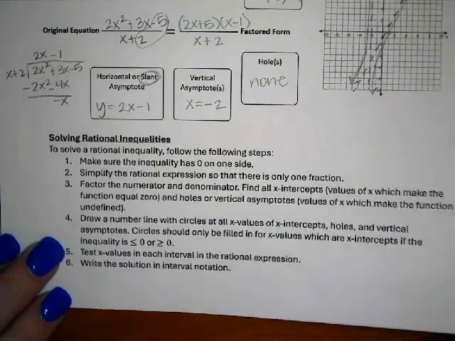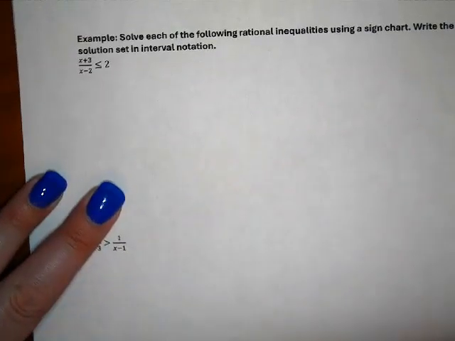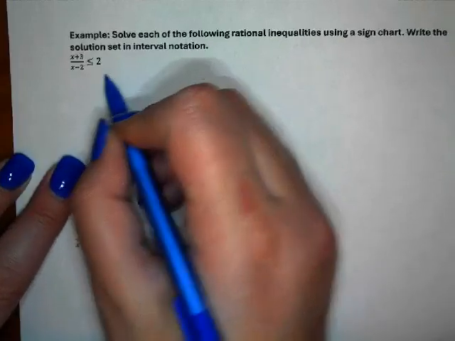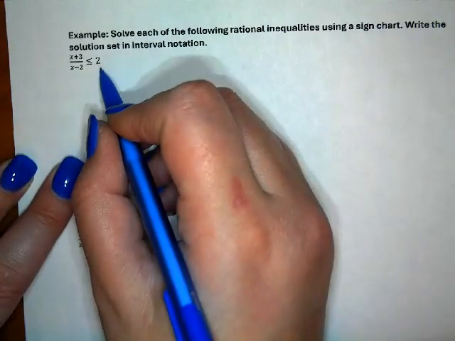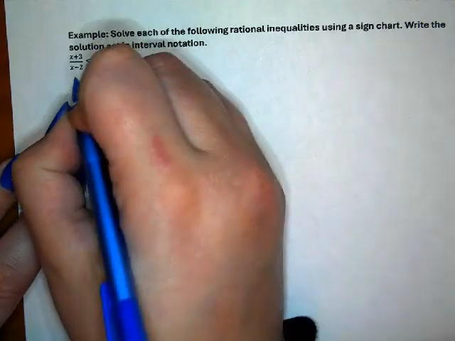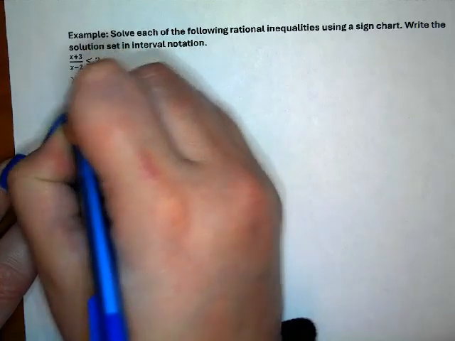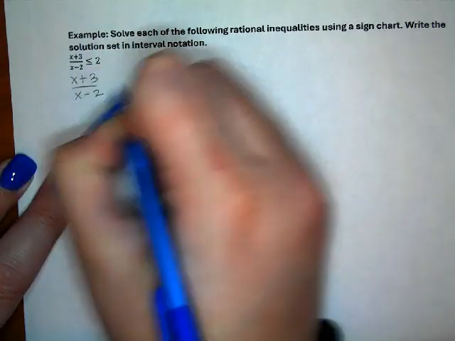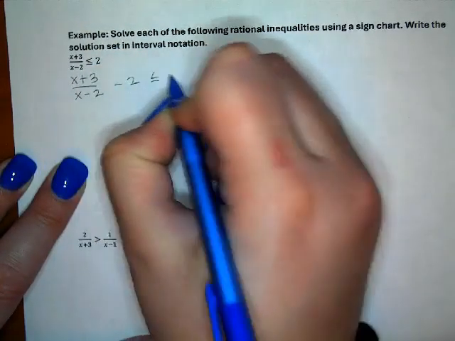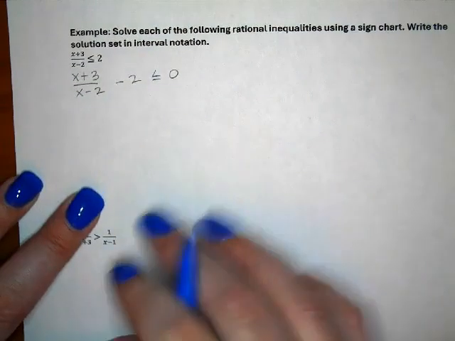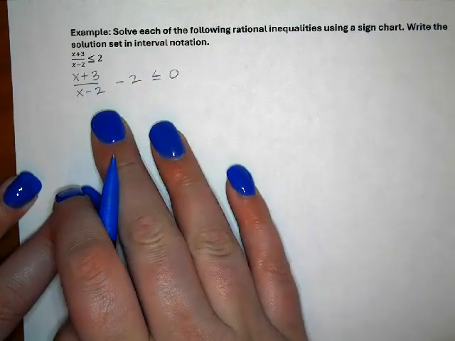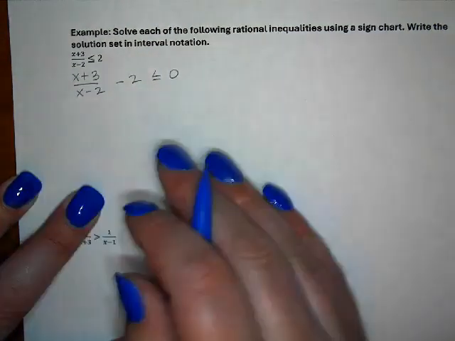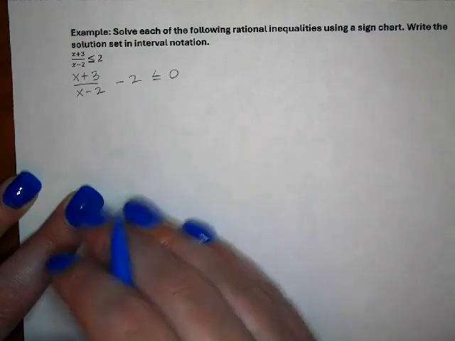So this one does not equal 0, and so we're going to have to subtract the 2 over to make it equal 0. And then this rational expression is not a single fraction, and we need it to be written as a single fraction. And so for this whole number 2, I'm going to have to get a common denominator with this fraction over here.